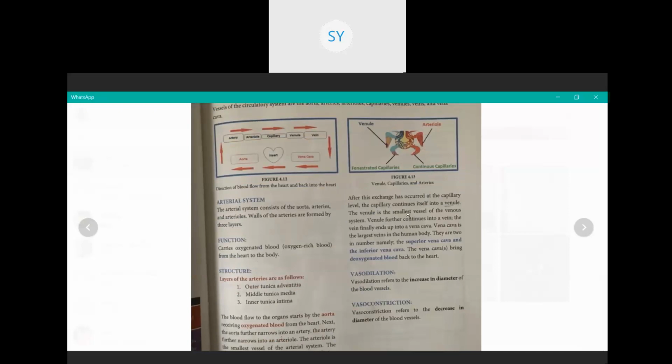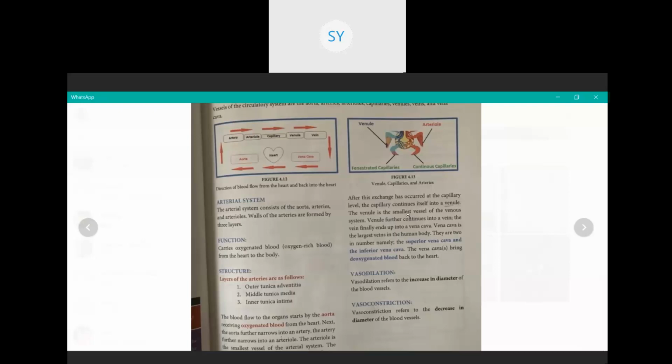If you see a vein, obviously you'd say it contains bad or deoxygenated blood. But there is only one exception, the pulmonary vein, right and left pulmonary veins, which carry good blood. That will be your exception, and that's going to be your question.